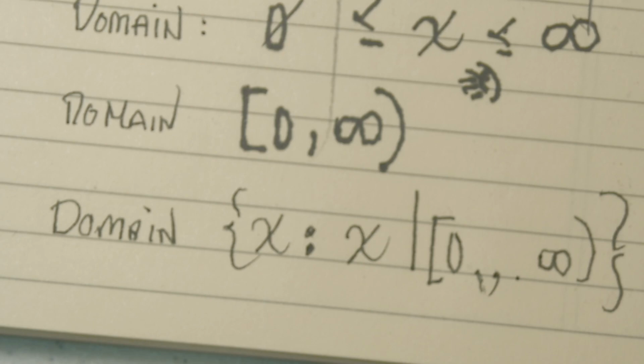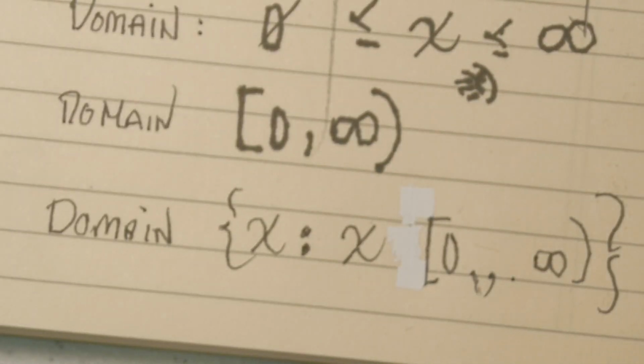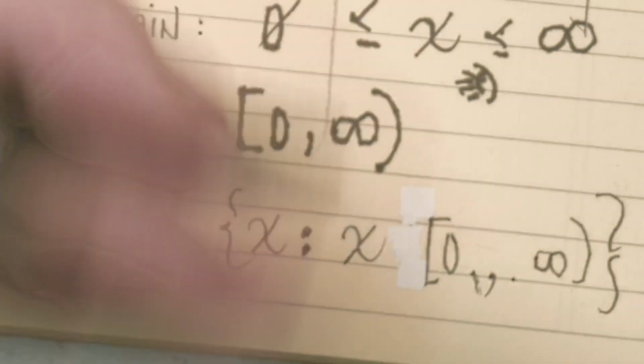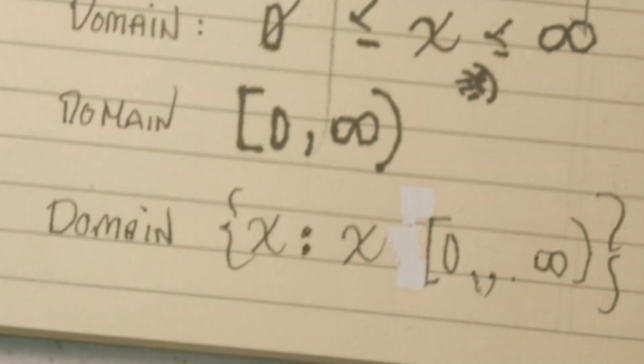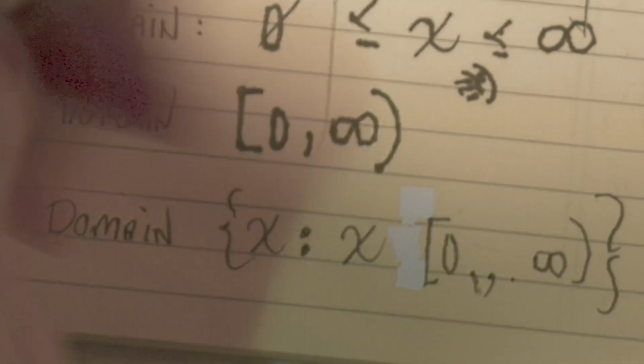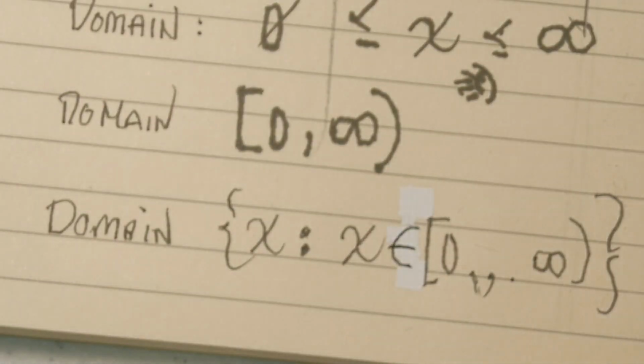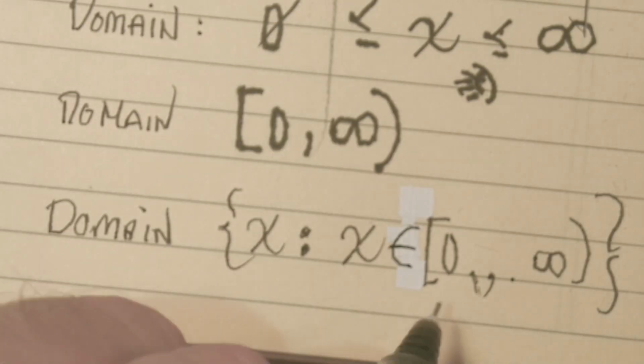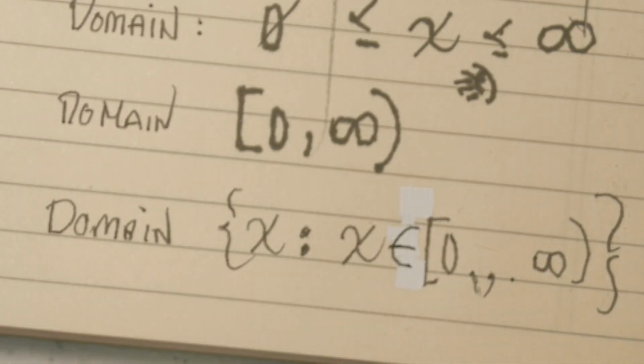Another symbol you could use, if you wanted to do this a little bit differently, is you could say x is in, that's this symbol here. X is somewhere between 0 and infinity.